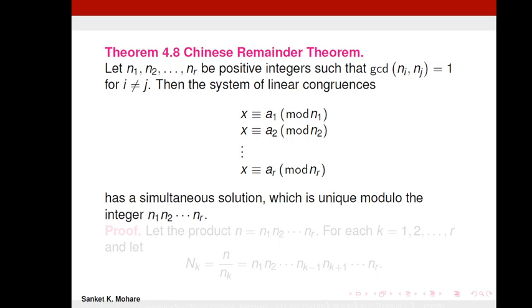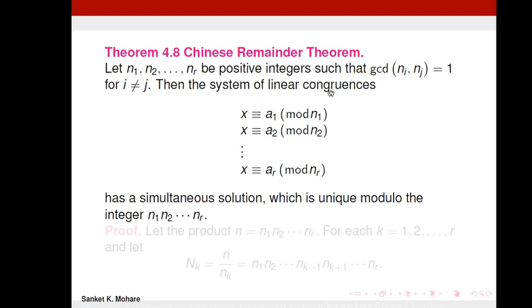So what the Chinese remainder theorem states here: n1, n2 are positive integers such that GCD of ni and nj equals 1 for i not equal to j. This implies every ni is co-prime to every other element, meaning all these integers are co-prime to each other.